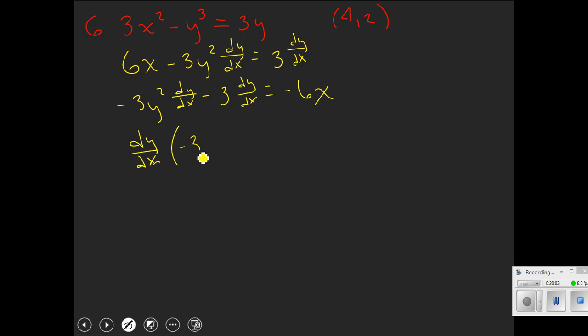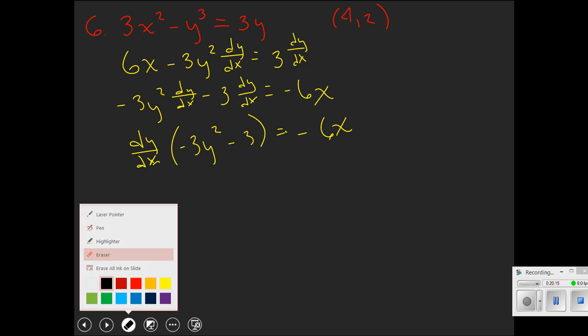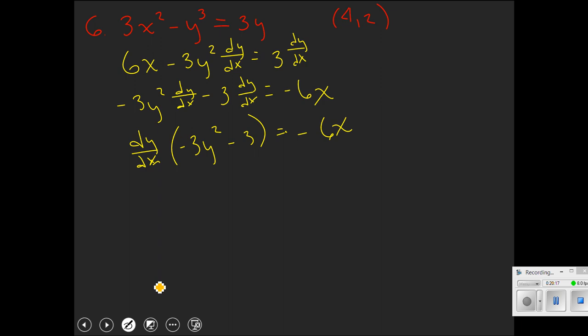So we have negative 3y squared minus 3 equals negative 6x. And then we just divide. So, oh, I was supposed to change colors. I get carried away. So let's say we have dy/dx, that's a slightly different color, equals negative 6x over negative 3y squared minus 3.